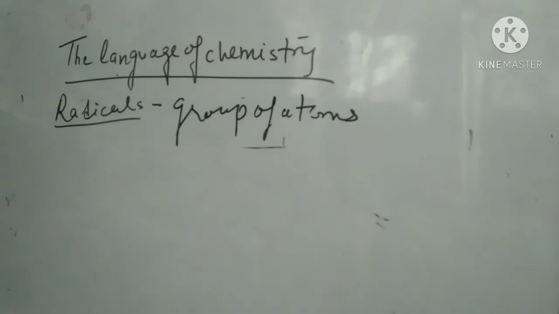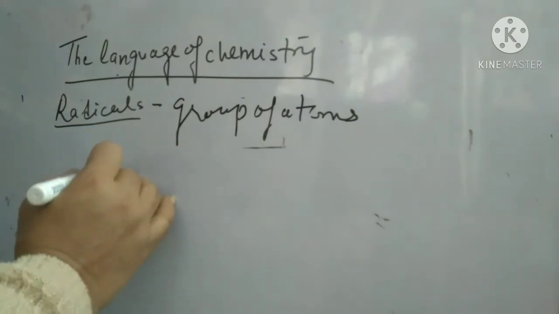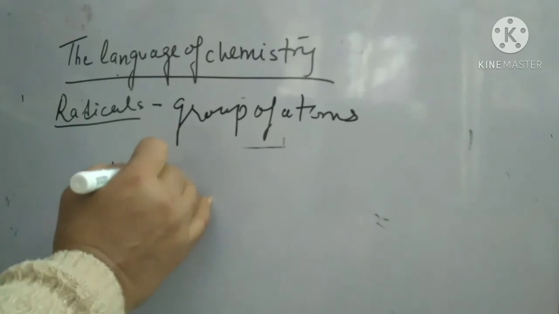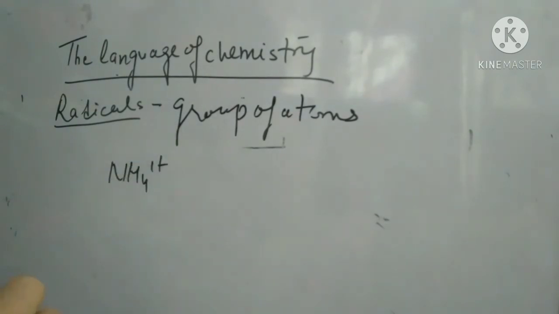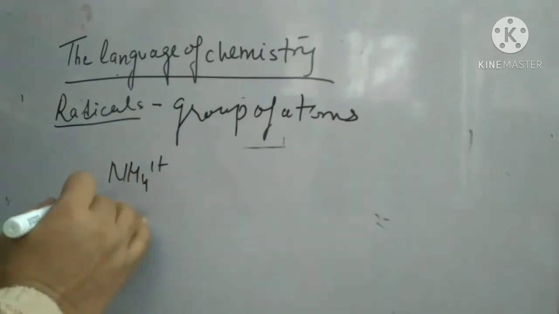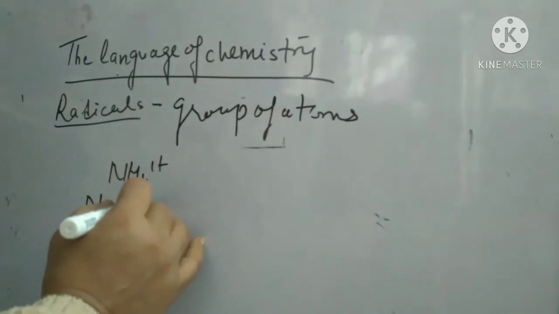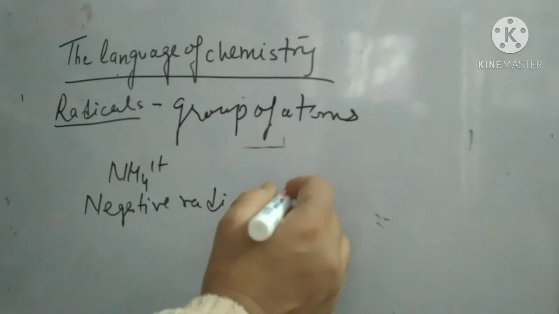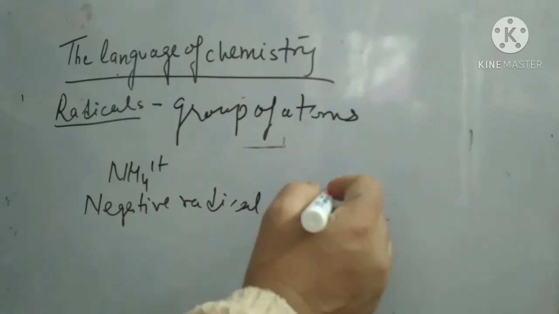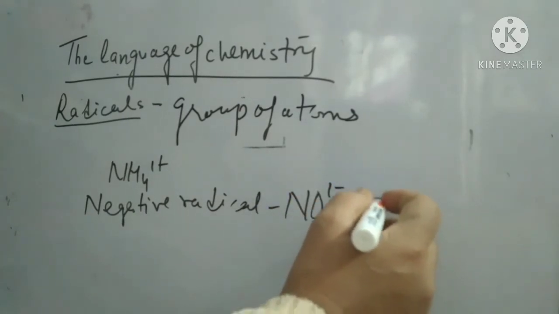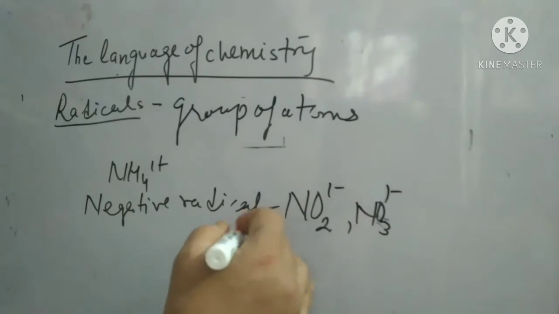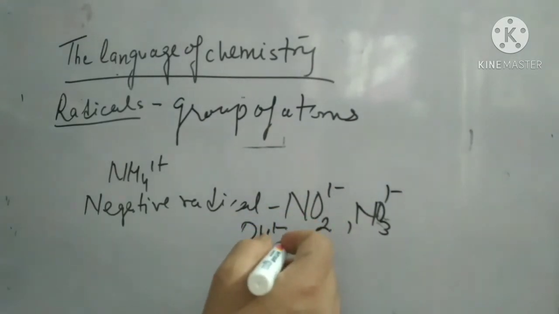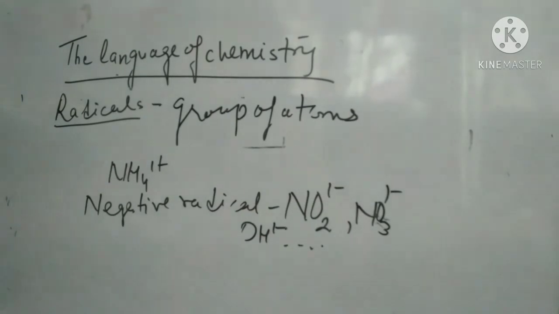Positive radical, if I say, ammonium NH4 1+, and negative radicals, that is nitrite, nitrate, hydroxide, and so on.